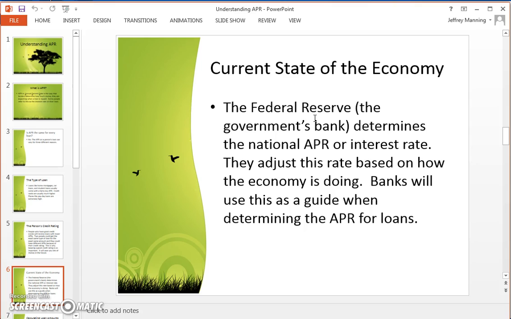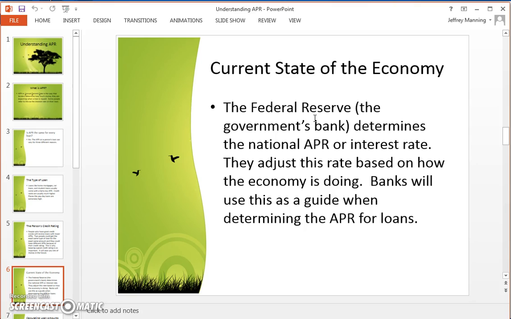But they set what's called a national interest rate. And that interest rate fluctuates slightly, but depending on how the economy is doing, the Federal Reserve sets that interest rate. And that's the interest rate that they charge banks when banks borrow from them. So what ends up happening is it's kind of like a trickle-down thing.